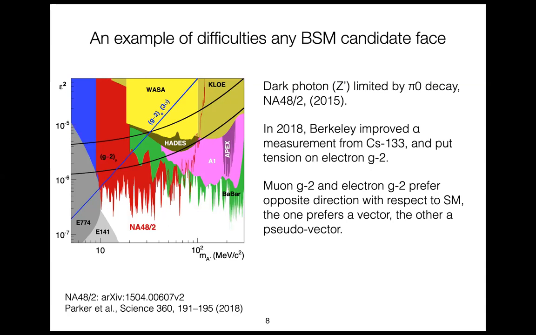The problem with that is that the muon and electron g-2 numbers prefer opposite directions with respect to the standard model. So if you think about a Z-like candidate, you would need a vector for one, and you would need a pseudovector for the other, which is not trivial to get done simultaneously, or doesn't feel very natural.